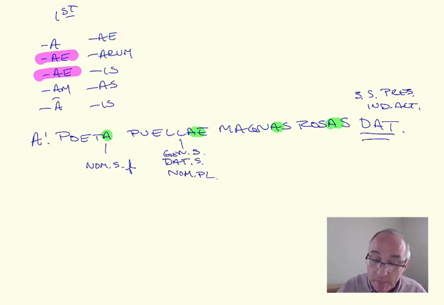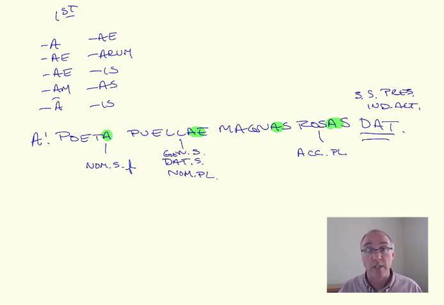Let me undo that. And then we're going to go back to magnas, rosas. They modify each other, or magnas modifies rosas. Rosas can only be accusative plural. So that means it's the direct object.